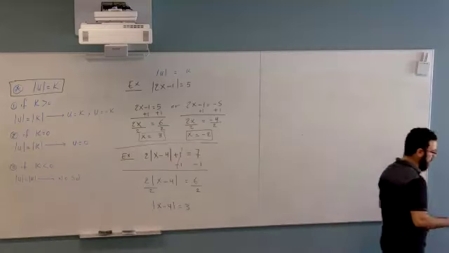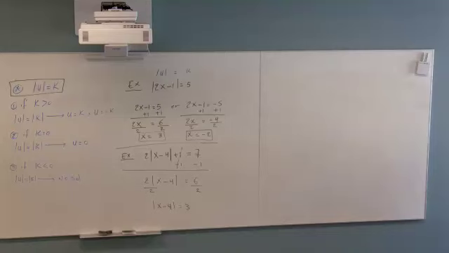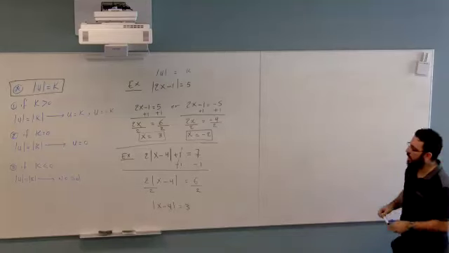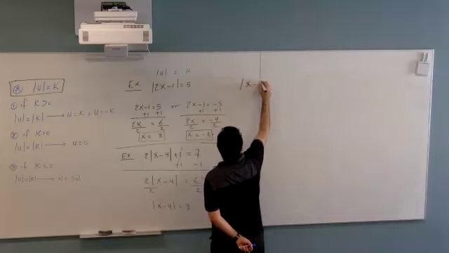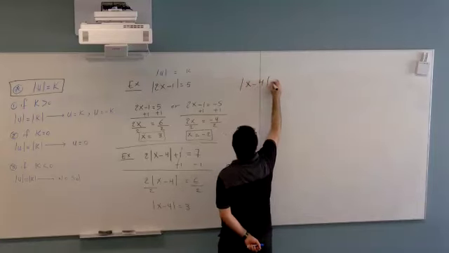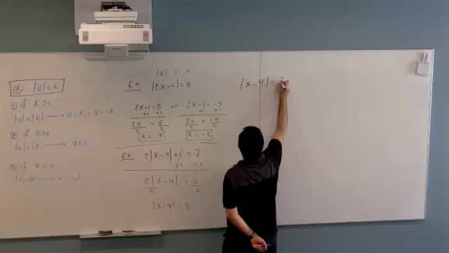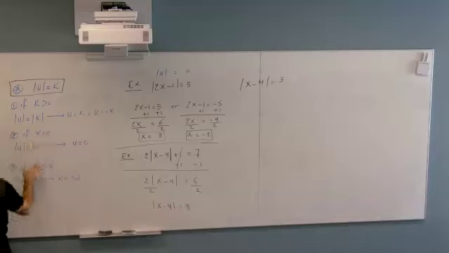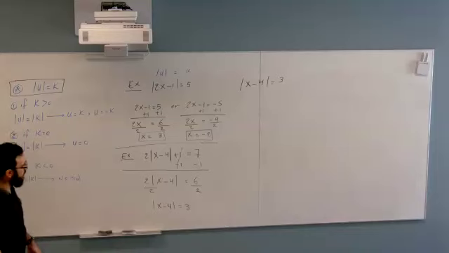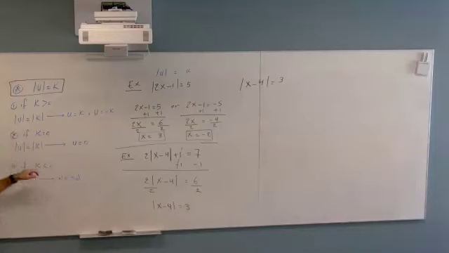So what's left is the absolute value of x minus 4 equals 3. Now, which case are you going to use to solve it? The first one, because it equals 3. Did I make a mistake? Oh, no. Sorry. I read it wrong.